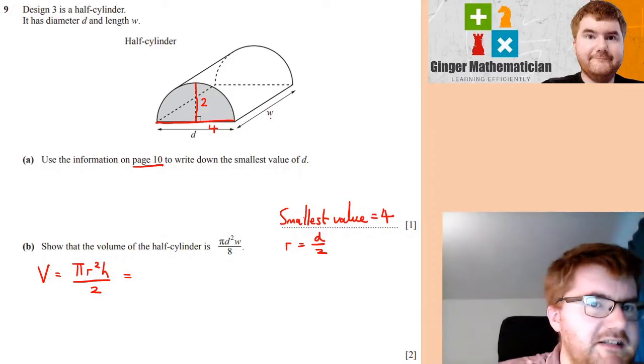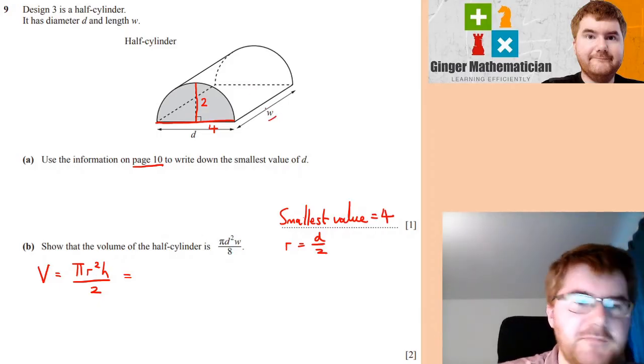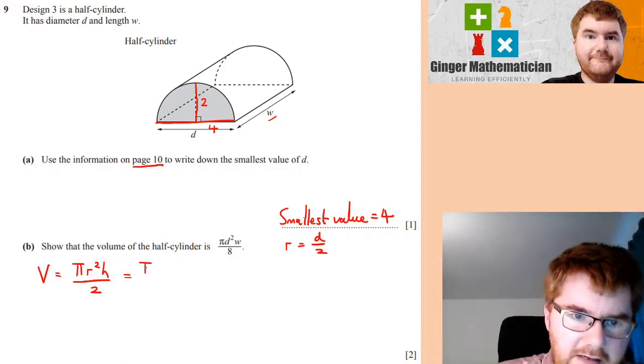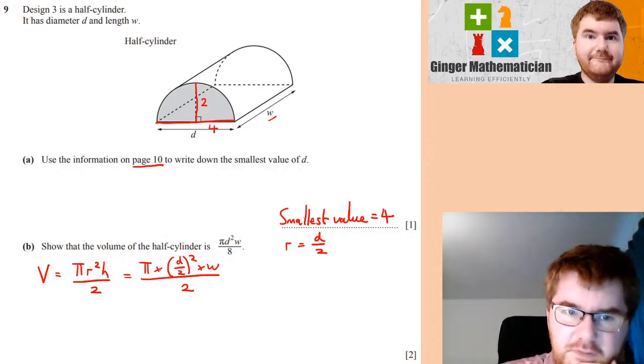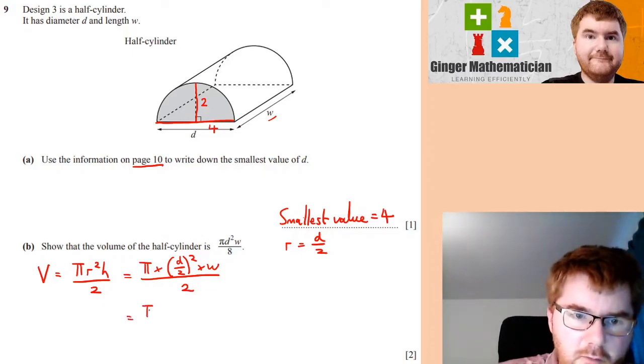Notice we don't have the height here. We actually have W as our letter. So we put both of those in. We get pi times D over 2 squared times W over 2. Very similar to a calculation we did before. And now we square this.